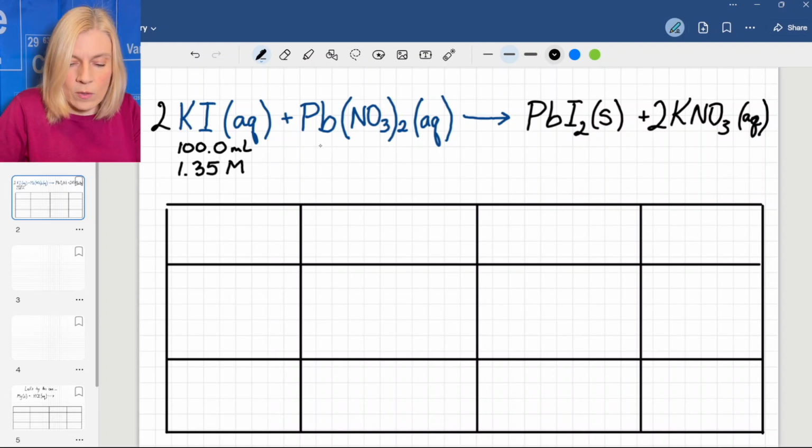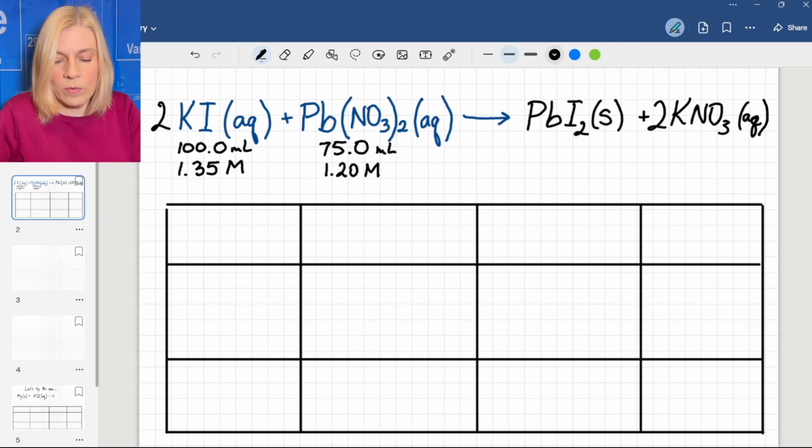And we are mixing it with 75 milliliters of 1.20 molar lead 2 nitrate solution. The question is, how many grams of my solid will I form? And for anything that's left over, what's the molarity of the ions left over swimming?